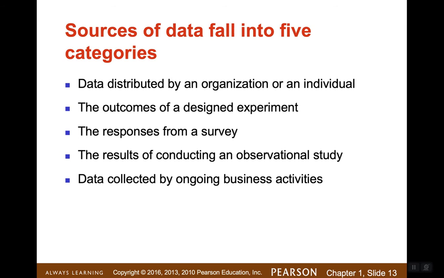We have data distributed by an organization or an individual, outcomes of a designed experiment, responses from a survey, the results of conducting an observational study, and data collected by ongoing business activity.